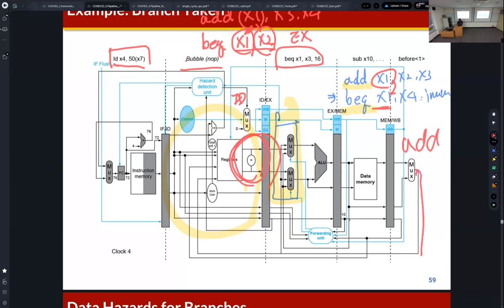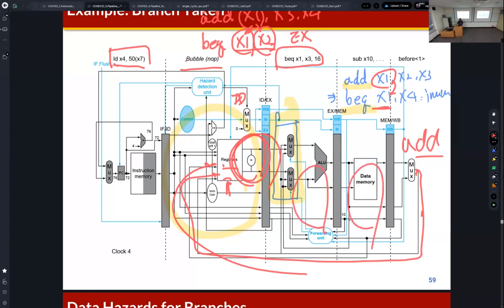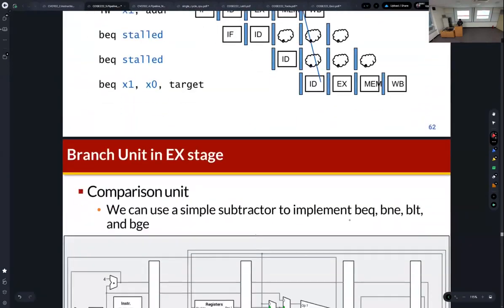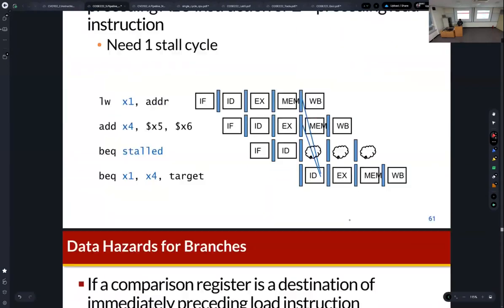The result of the add instruction is delivered to the register file, and then this data is internally forwarded in the register file. So actually, 2 cycles are wasted by this kind of data hazard. So this is the problem. Actually, this is not a good design.